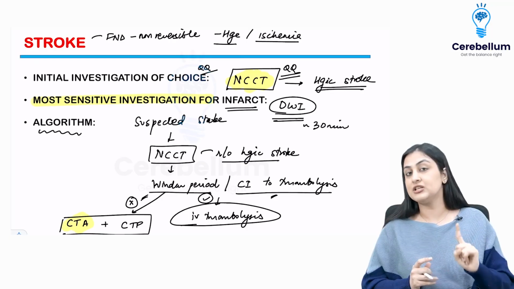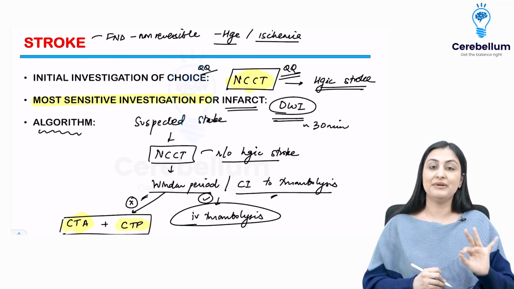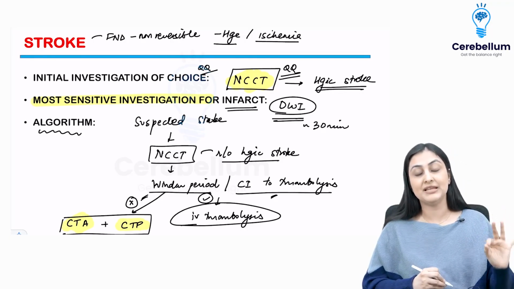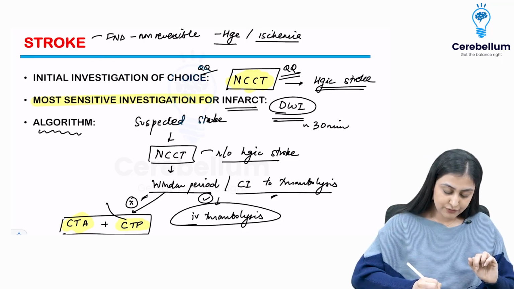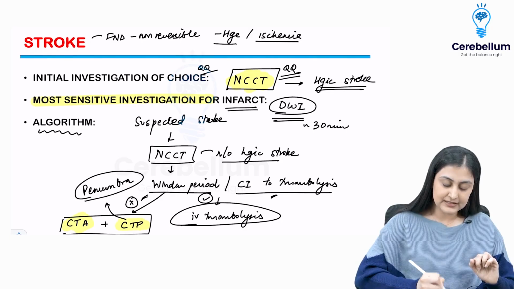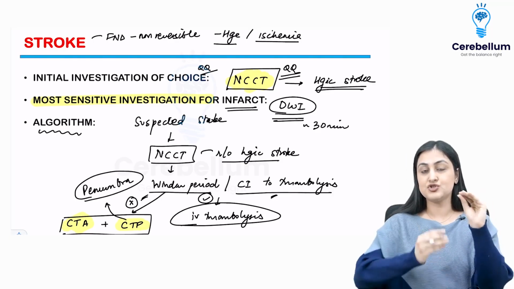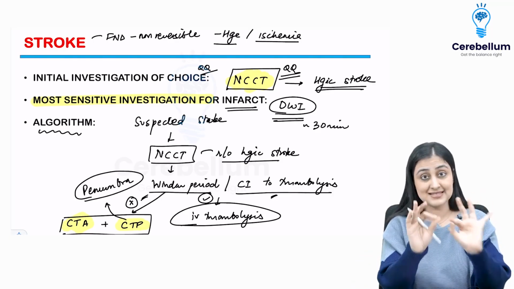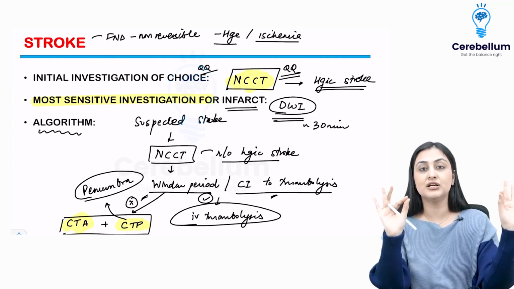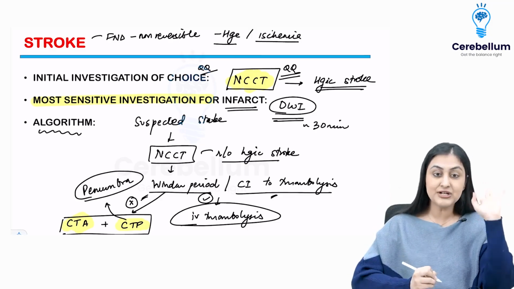Here we are trying to see whether it's a large vessel stroke or not. In CT perfusion, P for perfusion, P for penumbra. We are trying to look for the presence of penumbra. What is a penumbra? It is an area of salvageable tissue. So it is an area which is not yet infarcted, it is ischemic, but it is not yet infarcted, means it is salvageable, it can be saved. So I want to fulfill two things.